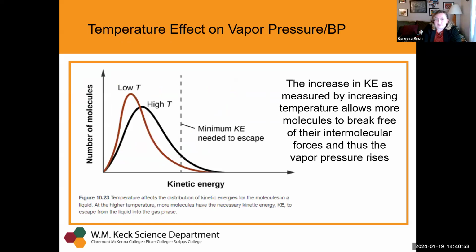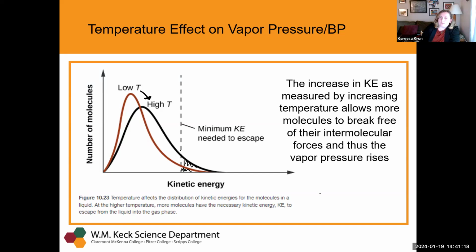Temperature's effect on vapor pressure and boiling point is that if you increase the temperature of your system from low to high, you've increased the kinetic energy of the molecules on average, and that increased temperature means that more molecules can escape than before.